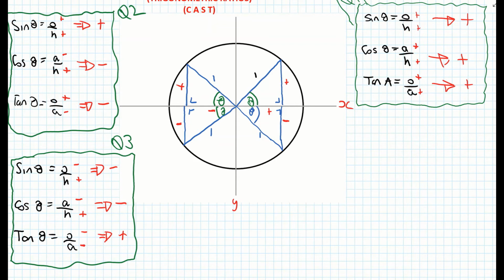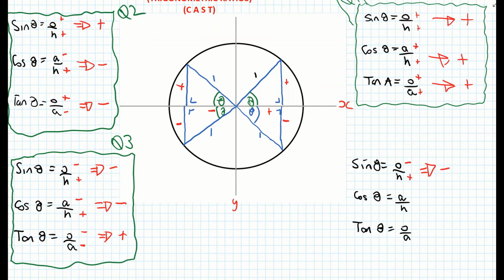Okay, so let's again find sine, cos and tan in quadrant 4. So our sine theta is going to be opposite over hypotenuse. Opposite is on the y-axis this time, so it's this length here that I've highlighted in green. That's a negative, and my hypotenuse is my radius, which is positive. So that is giving me a negative divided by a positive, which is a negative solution.